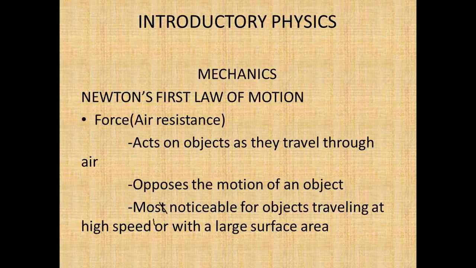So drag is that force that is going to push upward on the object that's traveling or falling towards Earth. Drag is the force that is going to oppose that motion of the object falling towards Earth. But drag is going to be affected by the speed of the object and the surface area. Okay, so those are the things that are going to affect drag or air resistance.